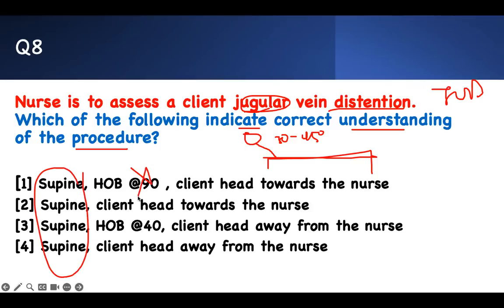Head of bed 90 is too high, so that is gone. Supine, client head is turned towards the nurse? It should be turned away from the nurse. Head of bed 40, that's good, within this range. Client head is turned away from you, that's good. But I need an angle. The head of the bed has to go up. So 3 is your right answer.